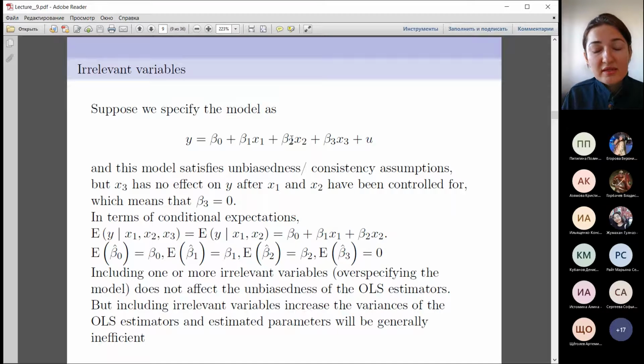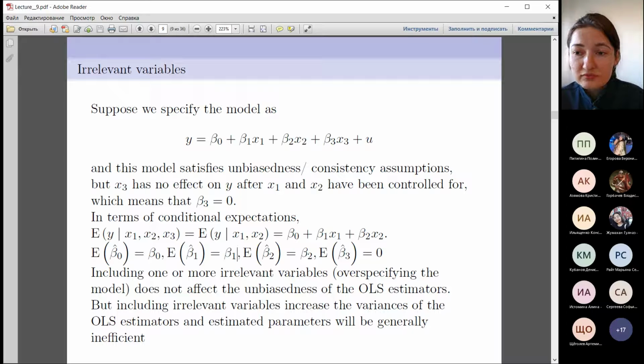But the problem is that you increase the variance of the ordinary least squares estimators of these coefficients, and your estimated parameters could be generally inefficient because of this larger variance, if we compare with the model where you do not include this irrelevant variable x3.